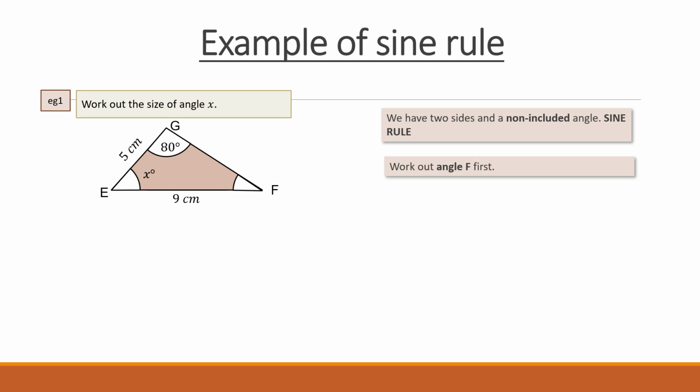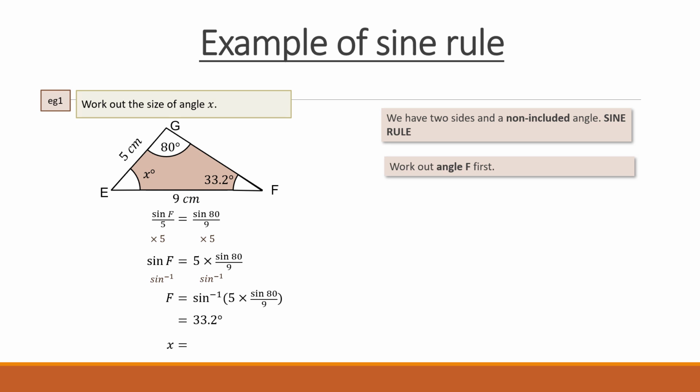First of all, we've got to work out angle f. That gives me sine f over 5 equals sine 80 over 9, which I then multiply by 5, so sine f is 5 multiplied by sine 80 over 9. Then you do sine inverse of that answer, which gives me f as 33.2.